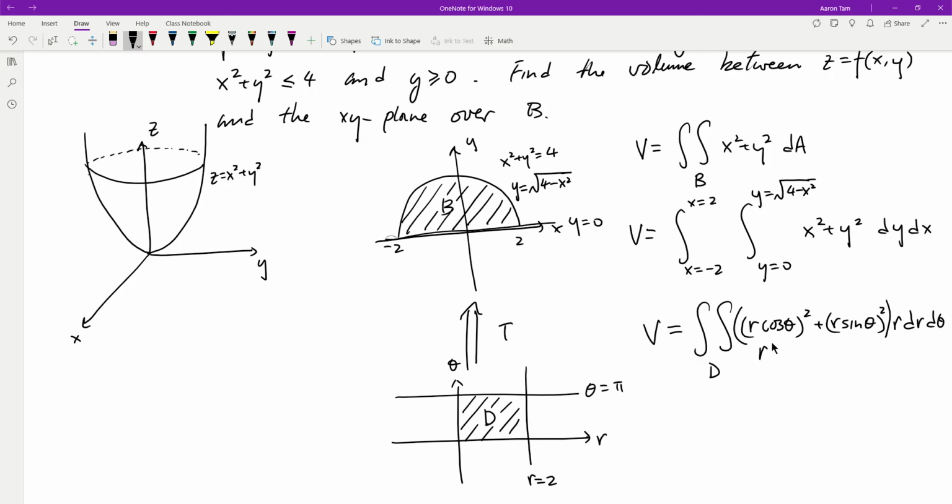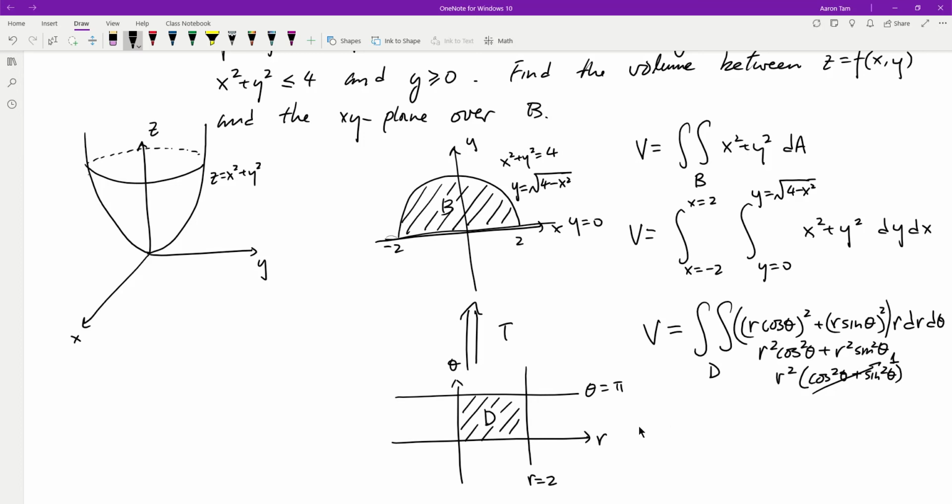Now, hopefully someone recognized what happened with r cosine theta squared plus r sine theta squared. This becomes r squared cosine squared theta plus r squared sine squared theta, where you can factor out the r squared and get cosine squared theta plus sine squared theta, which just turns into 1.